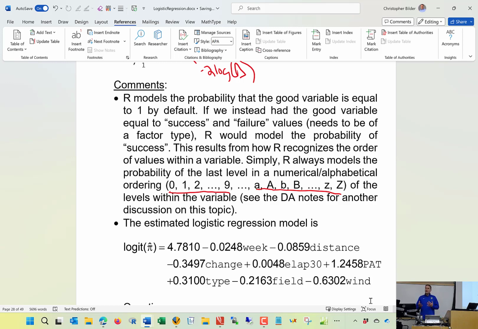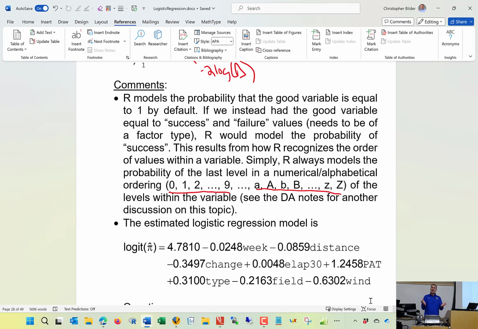And R sets the first level equal to 0, you could say, when it forms indicator variables. In this case, our levels are 0 and 1. 0 is the first level. And so because of that, if I were to form an indicator variable for the good variable, for the level of 1 for good, that would be my 1. For the level of 0 for good, that would be my 0. Okay, I know that's maybe a little bit confusing.